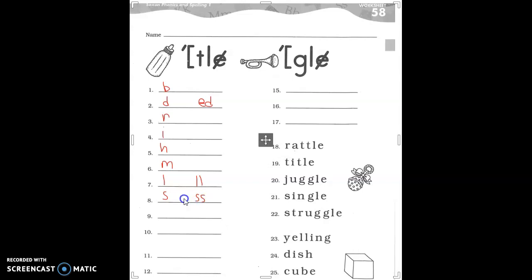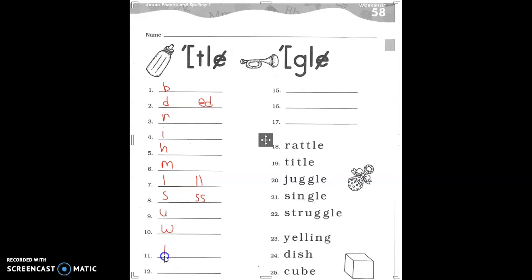Number 9, U. Number 10, W. W. Let's spell some words. Number 11, them.